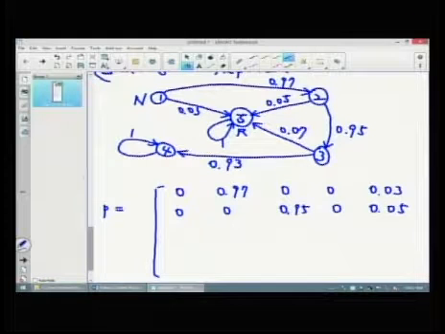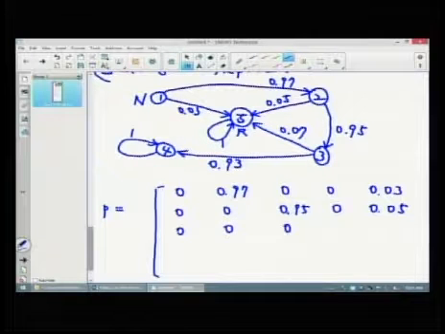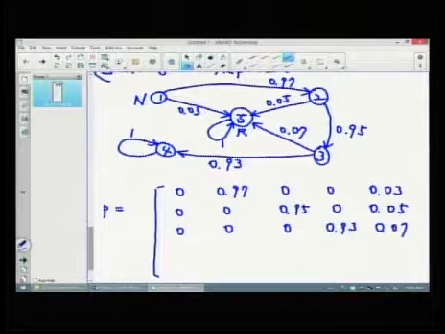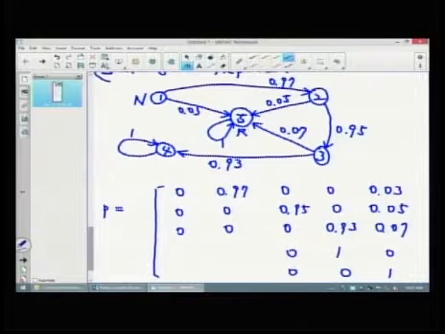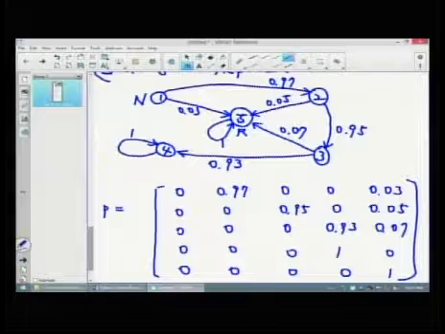Is that right? Okay. And then we have 0, 0, 0, 0.93, 0.07. And we have 1, 1 down here, and all others are 0. So this is our one-step transition probability matrix.